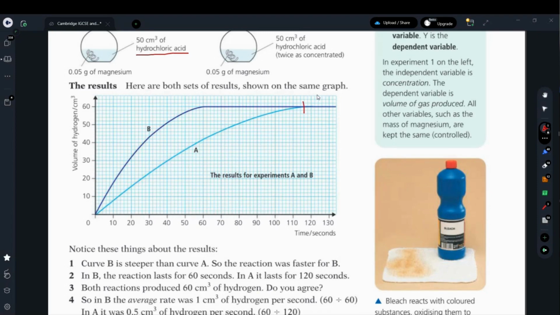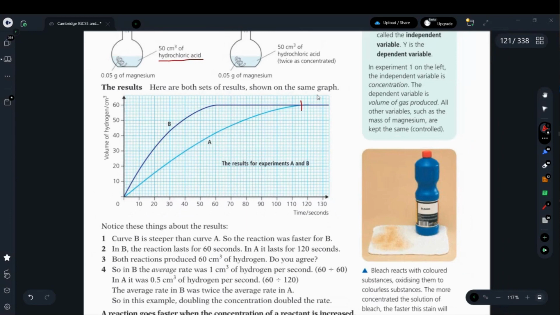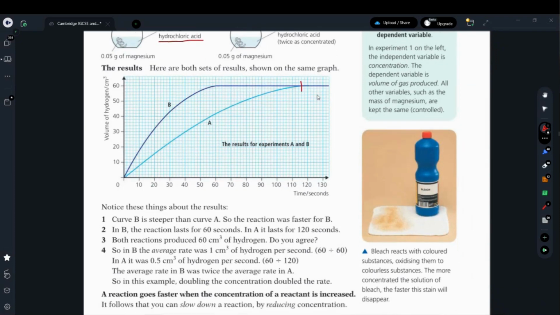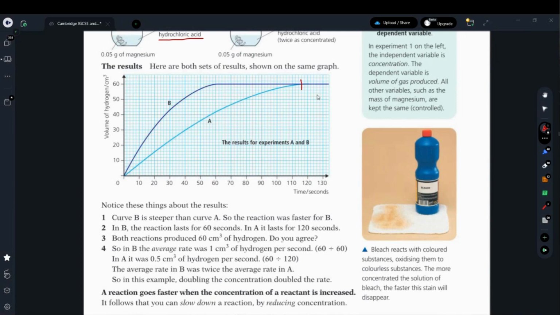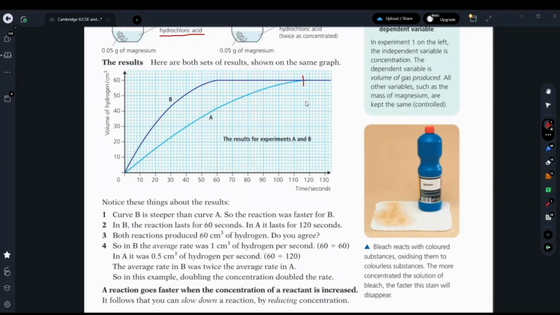So what I want you to do is take the results and the conclusion of the results, which is written below. I want you to take note of those and then we'll discuss. We're discussing the results of a chemical reaction, how the rate of a reaction is affected when we change the concentration.